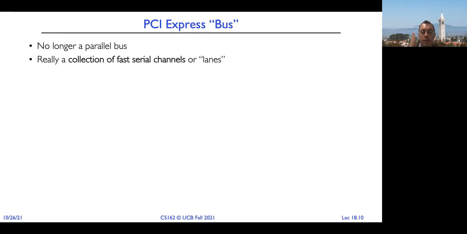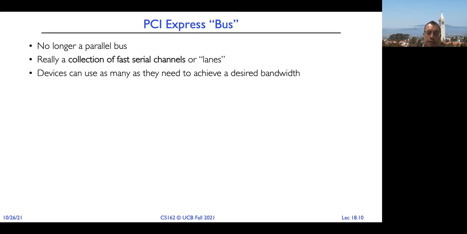So now you may have heard about the PCI Express bus. What is this again? The problem is that PCI is parallel. This is great, it's simple, but only one device can use it at the same time, and if it's a slow device, you waste so much time for the fast devices. So PCI Express is pretty smart. It's no longer a parallel bus. You still have multiple lines, but they are serial channels, and now a device can choose how many lines it's going to use to send.